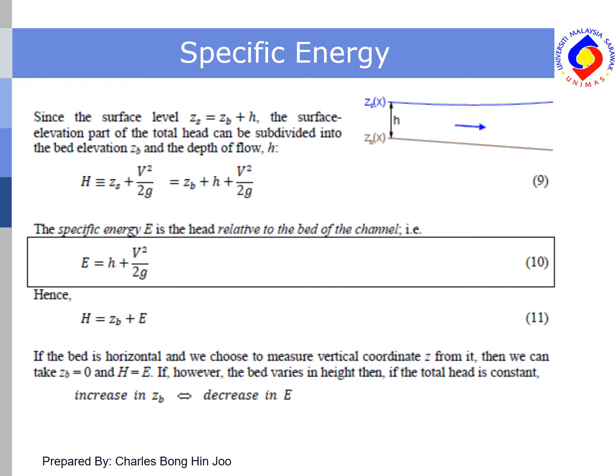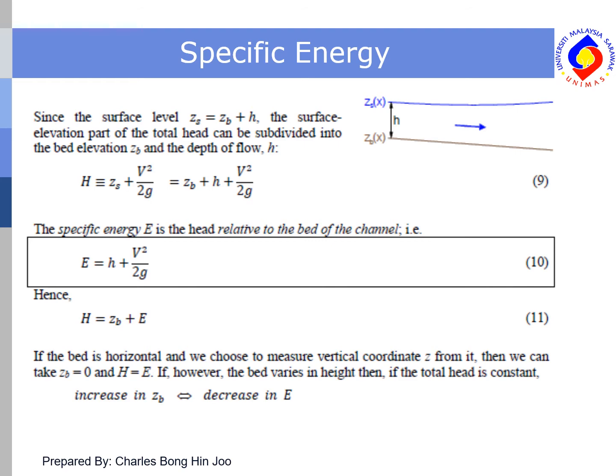So in other words, your head H is equal to Zs plus v square over 2g, or in other words, Zb plus the small h plus v square over 2g.